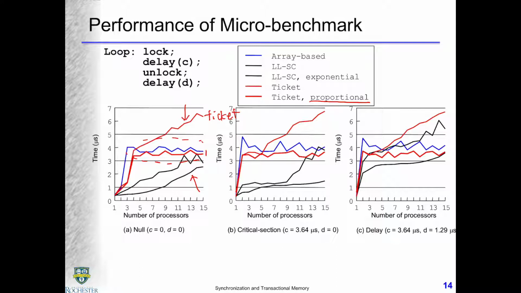But you see, ticket lock, all three variants, whether the wake up is array based or it's a proportional backoff to check or just plain check, all three versions have a pretty high overhead. You can see no matter what, from 1 to 2 processors, they all grow up a lot. The benefit is that they stay, or at least the two slightly optimized versions, they kind of stay flat.